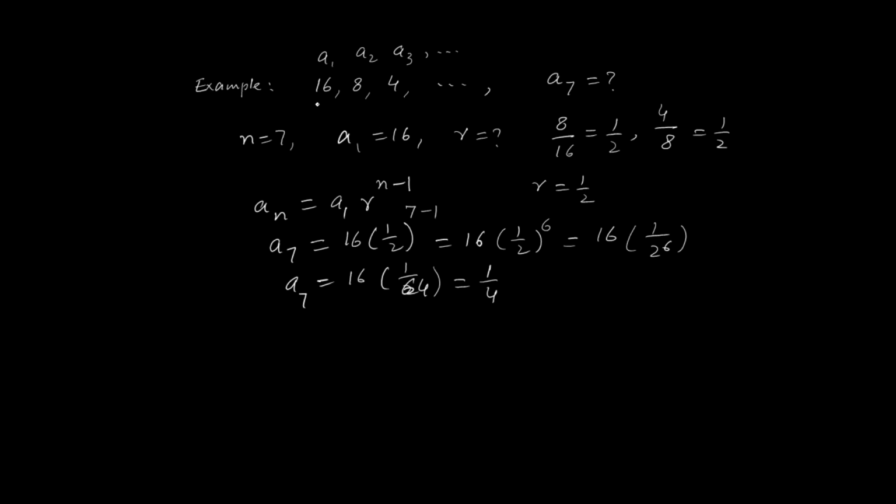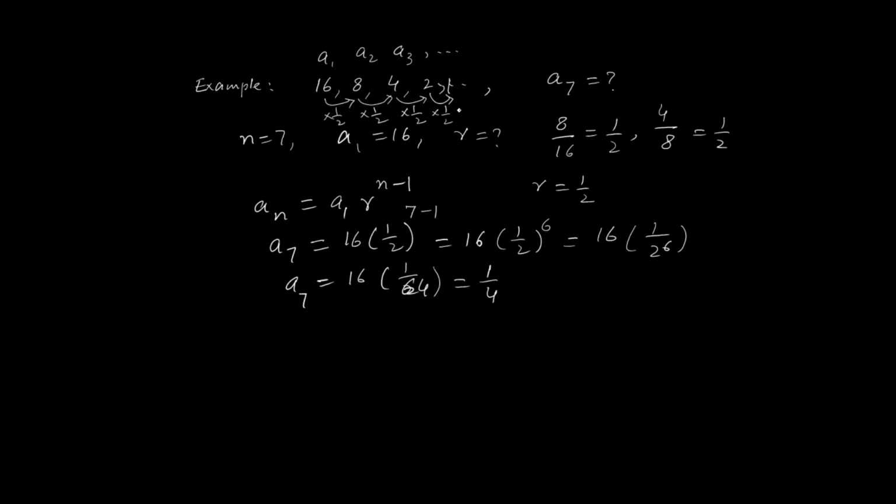If we multiply this thing with 1 by 2, we are getting 8. And if the second term is multiplied with 1 by 2, I am getting 4, which is the third term. Now again, if this 4 is multiplied with 1 by 2, I am getting 2. And if this 2 is multiplied with 1 by 2, I am getting 1.